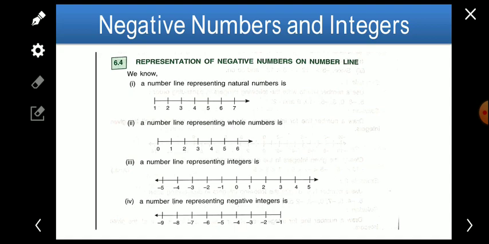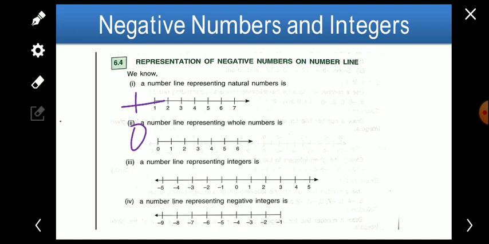First we will understand this, which we have already done in the previous chapters. So a number line representing natural numbers, how to do that? When we have to represent the natural numbers, it always starts with 1. So on the line also we will start labeling the numbers with 1, because if we put 0 before 1, then that will be the whole numbers.